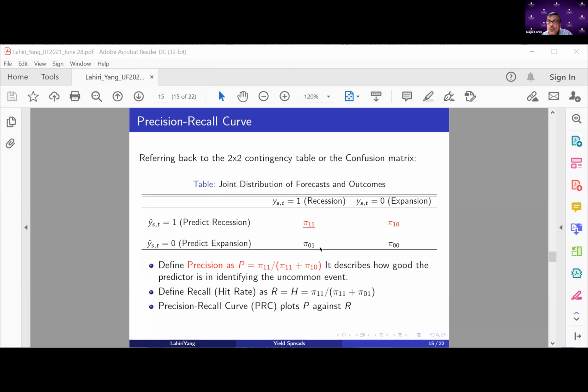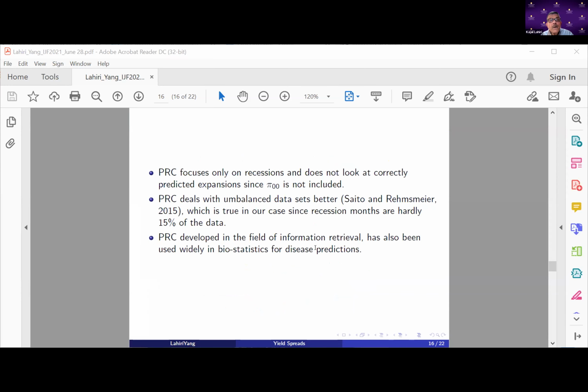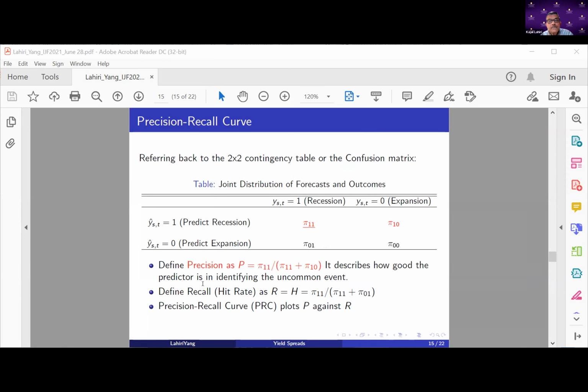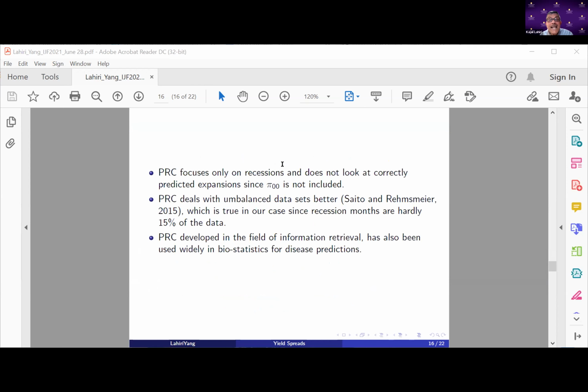So they're homing in on recession periods only and ignoring the expansion period. It can be 90%. So this is a graph of precision against what they call recall. This is the hit rate actually. Okay, in machine learning, that is called the PRC, precision recall curve.